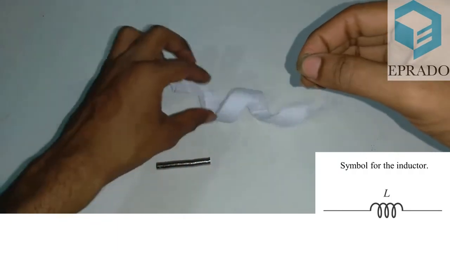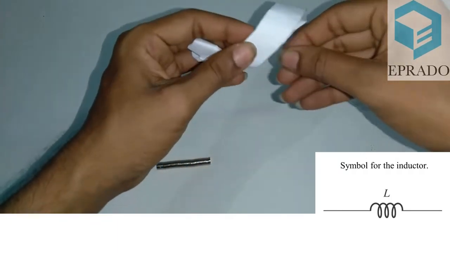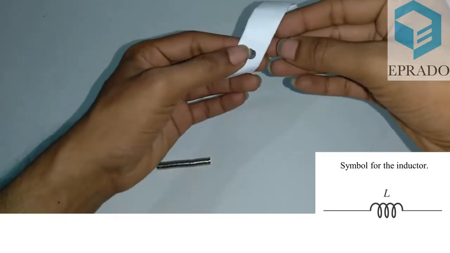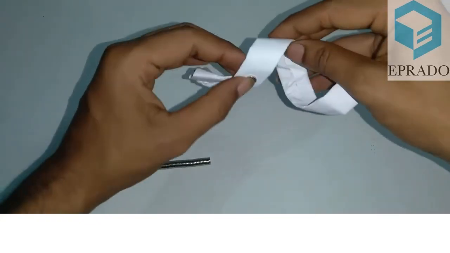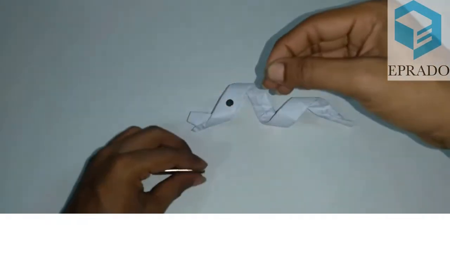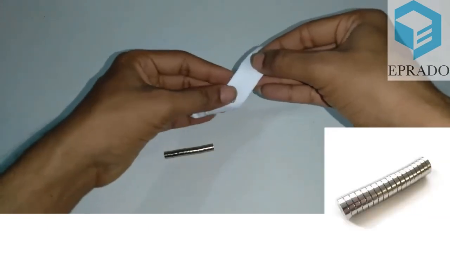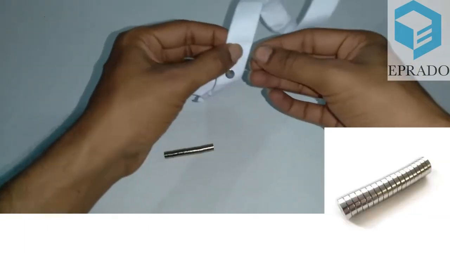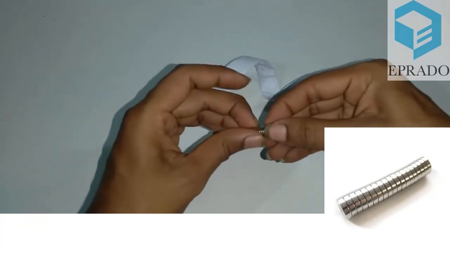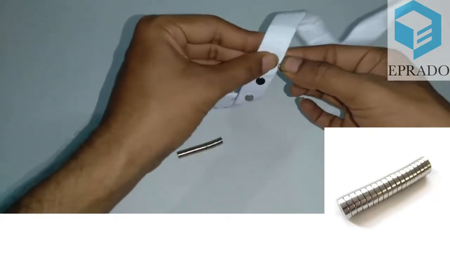You can just use some markers to mark a point like this. Okay, I am fixing these magnets one behind the other. Leave some space between each magnet and fix them like this.